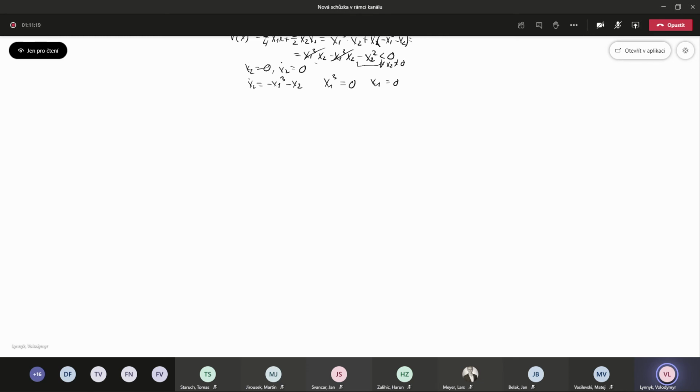With the next Lyapunov function, V(x) equal to x1 to the 4th degree divided by 4 plus x2 squared divided by 2, we prove the global asymptotical stability of the system. You can see that it's very important to find the appropriate Lyapunov function, and this method is very useful.